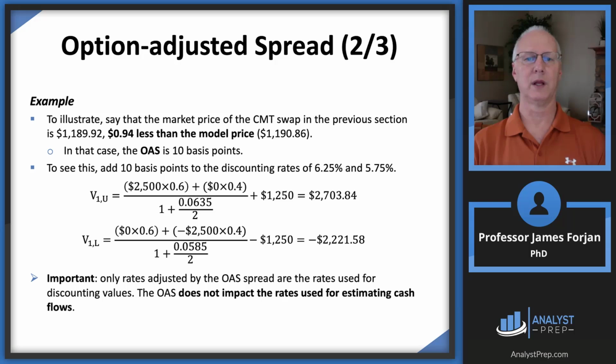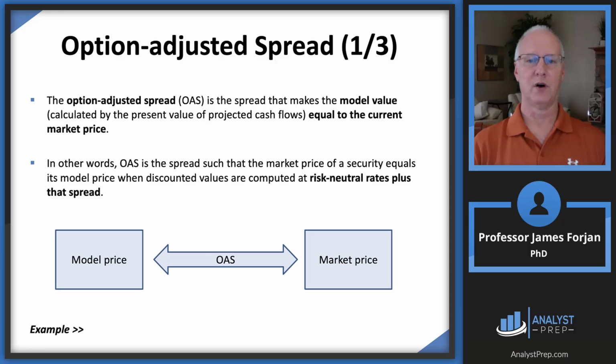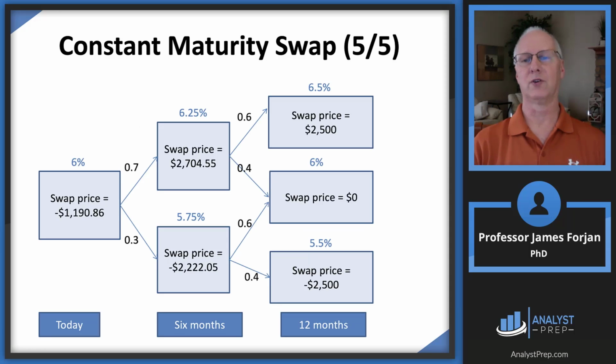All right, so what am I saying here? I'm saying something like, look, the model gave us 1190 based on this term structure. Well, what happens if the price is not 1190? Do we say that our entire term structure is wrong?